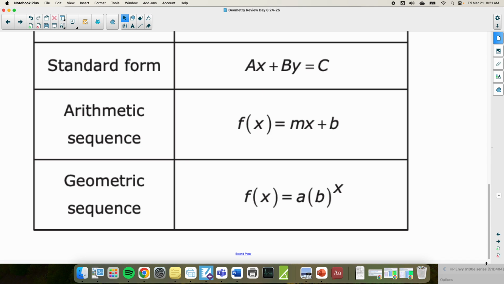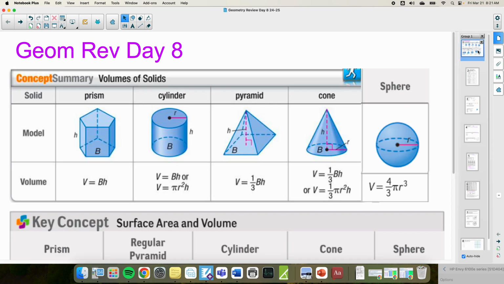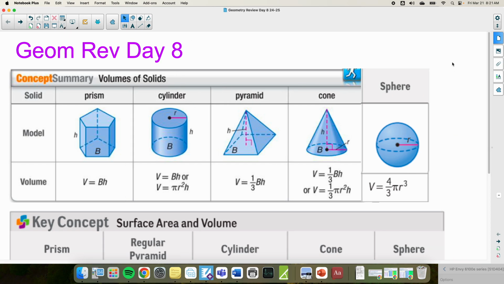So when you get close to taking your MCAs, I strongly suggest that you look over these. I would keep these note sheets and I would look over the volume formulas before you take it, okay?